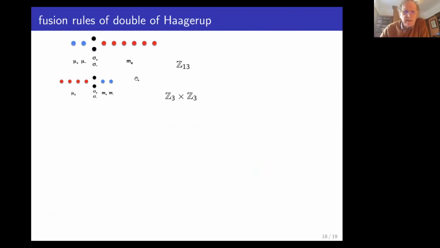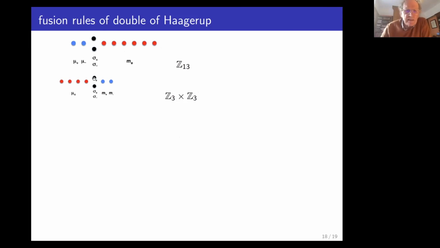So instead of using SO(13) level 2 and the double of the dihedral group, instead I'm going to take Tambara-Yamagami on Z13 and on Z3 cross Z3 and take their orbifolds. So for Z13, I have exactly what I have before. For Z3 cross Z3, there are 9 objects here.